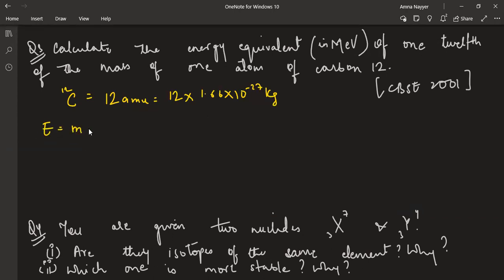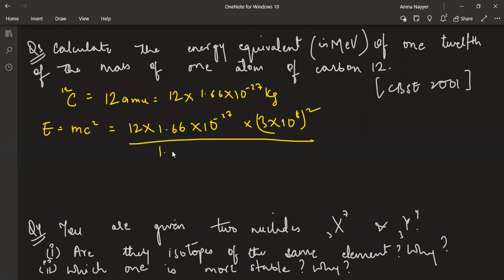Now E is equal to mc square. Use this. Mass is 12 into 1.66 into 10 to the power minus 27. C square. This will be 3 into 10 to the power 8 whole square. Then we have to find it in mega electron volt, no?